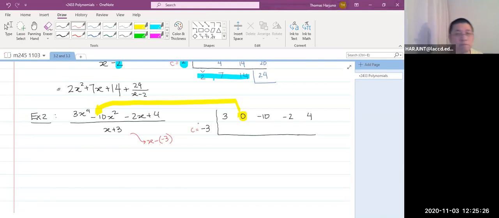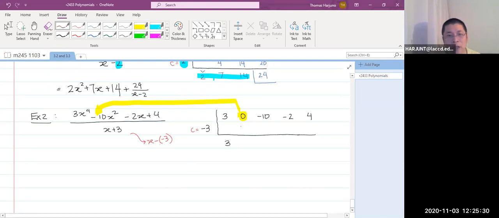Now then, I bring this down. This is 3 times negative 3 is negative 9. I add. Times negative 3 is 27. I add. Times negative 3 is negative 51. I add. Multiply, that will be 159 positive. So when I add, I get 163.